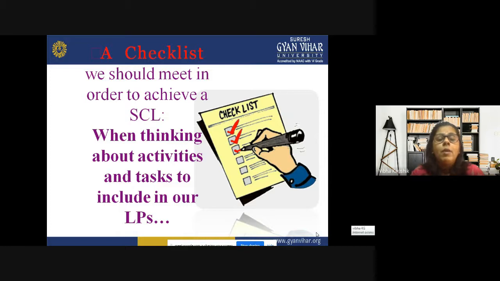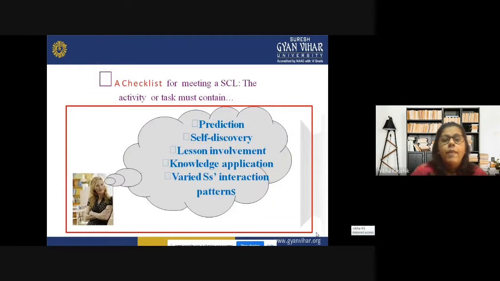When thinking about activities and tasks to include in a lesson, what are the different activities that can be used, and what different tasks have to be included in our lesson plans? A checklist for meeting student-centered learning.